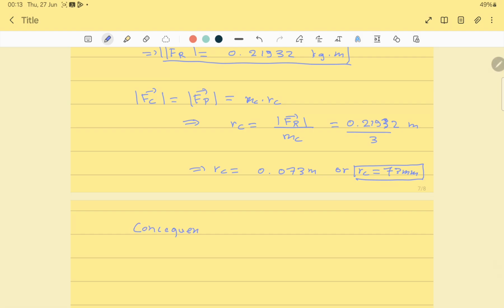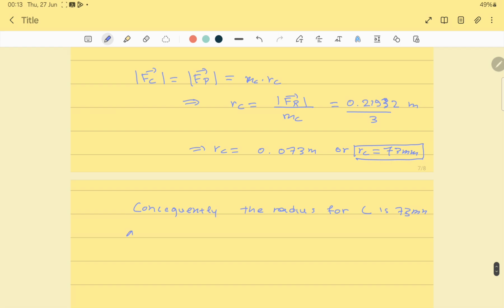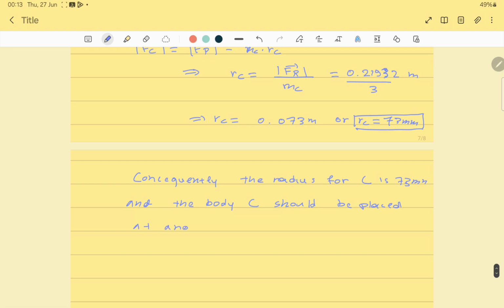Consequently, the radius for C is 73 millimeters, and the body C should be placed at angle theta C plus 180 degrees, because we want the opposite of the resultant force.